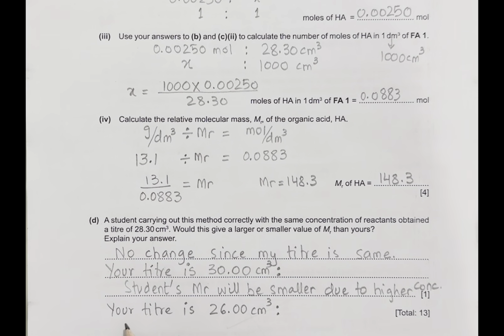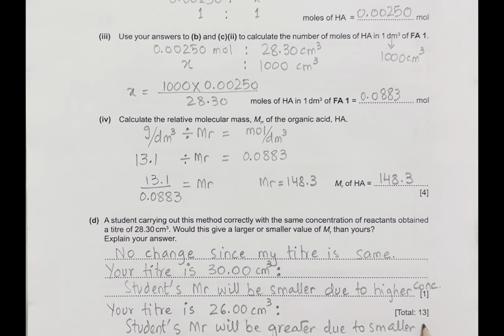So here we can say the student's MR will be greater than ours. Why? Due to a smaller concentration.